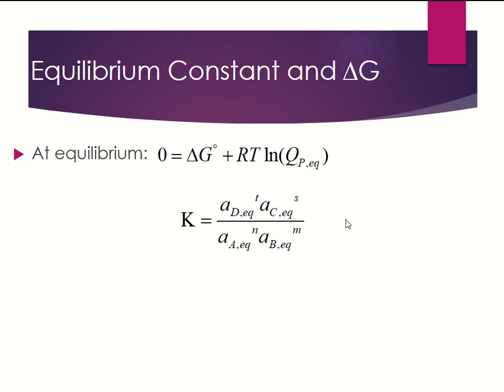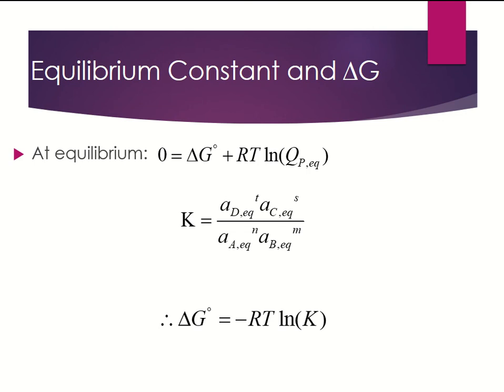Of course, you've seen this before. This is how we calculate equilibrium constants. We use products divided by reactants. And so under those circumstances, making that substitution here for our reaction quotient, we note that delta G naught is equal to negative RT ln of K. So that's one way we can determine the equilibrium constant for a particular reaction, by determining delta G naught for that reaction.